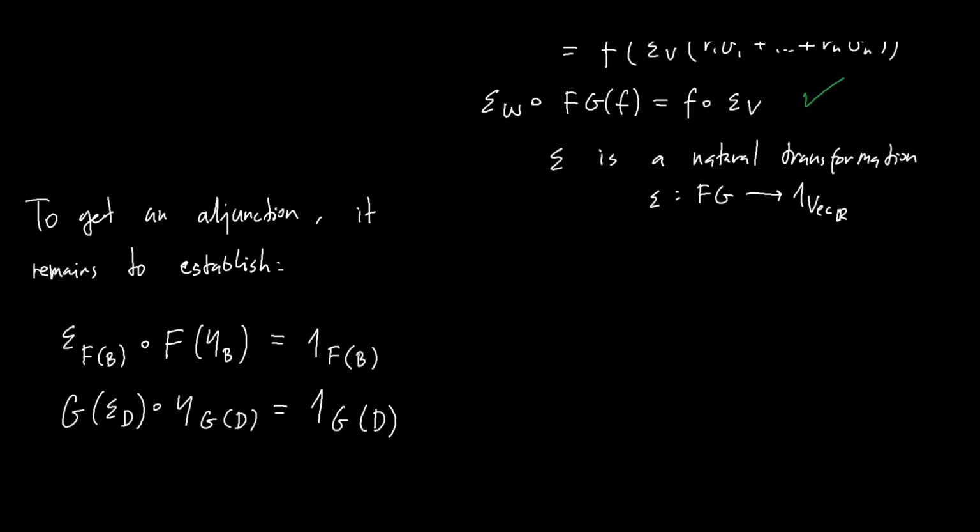And G is usually applied to a vector space B. So I'm going to write V in the place of D. And then we will compute each of the left-hand sides here and see that we get identity. So we will apply these composites to actual objects. So just a quick diagram to show what the domain and codomain of these maps are. Well, maybe this kind of indicates already.